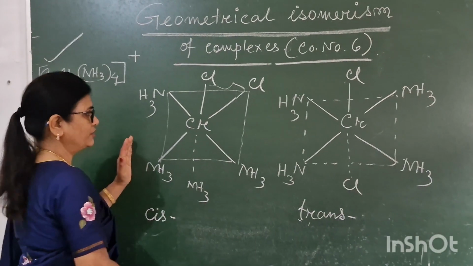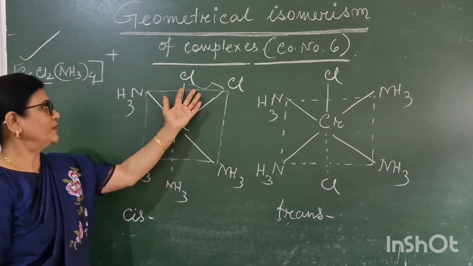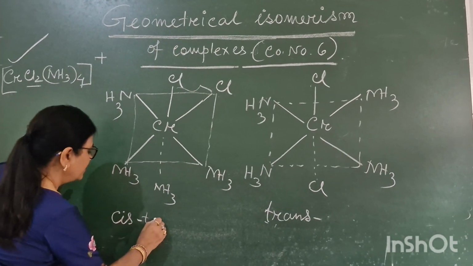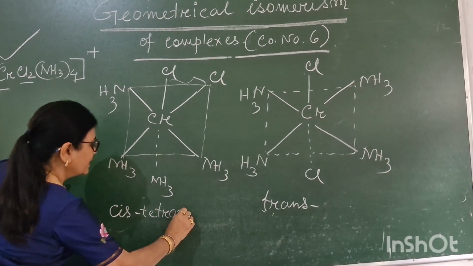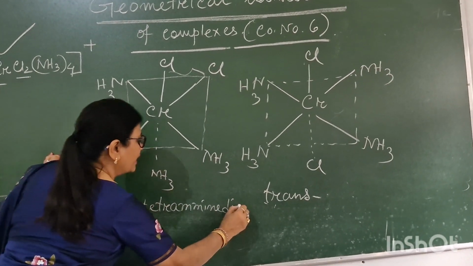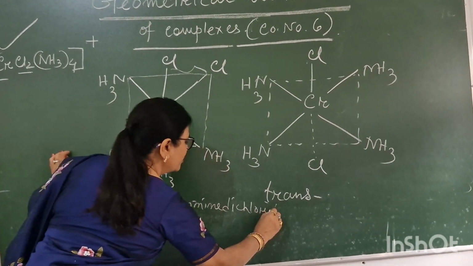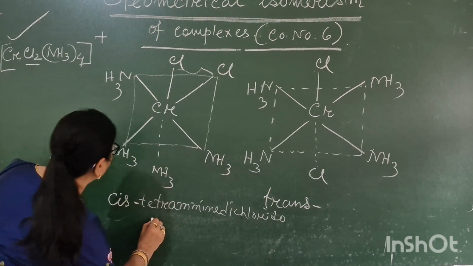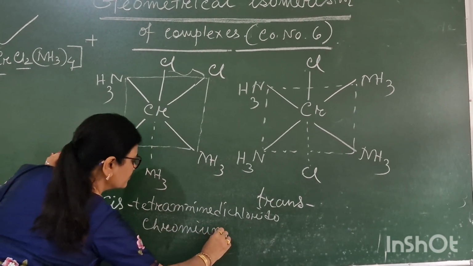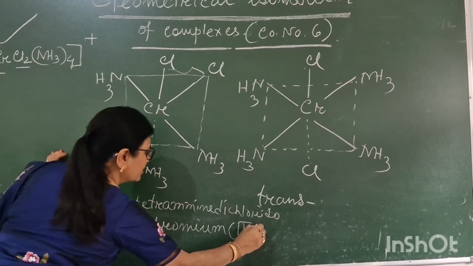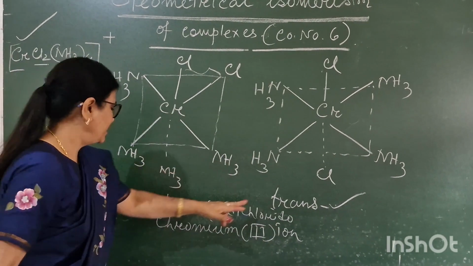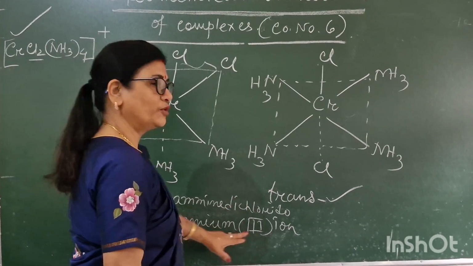The name of this complex where the same ligands are on the same side is cis-tetraamminedichloridochromium(III) ion. This is also called trans-tetraamminedichloridochromium(III).